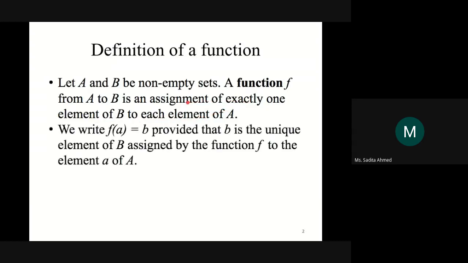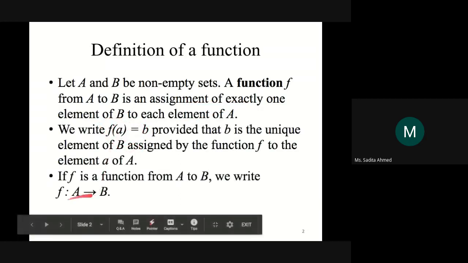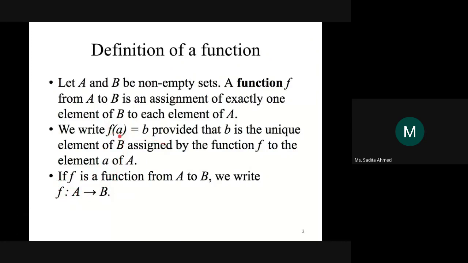So the way we represent it is either using f: A → B or using a combination of this and that. Here it means that the function maps the set A to the set B, and the function itself is represented in terms of instances in this format: f(a) = b, b being the result, a being the input.